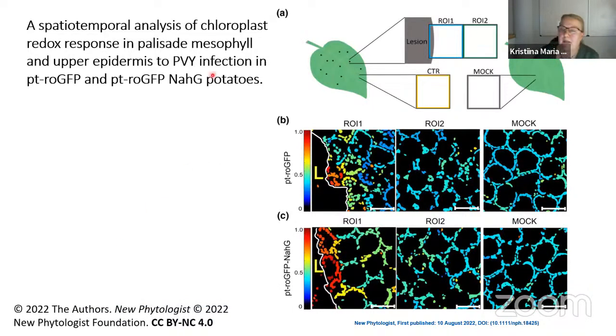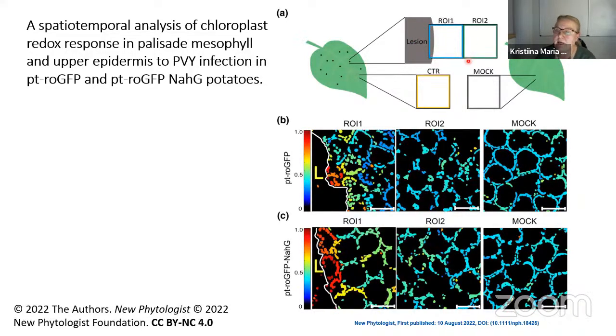How these experiments were carried out is that we have here the potato leaf of this resistant cultivar, and we have here the lesions caused by the PVY infection. And now they have selected regions of interest so that this region of interest is overlapping with the cell death zone.